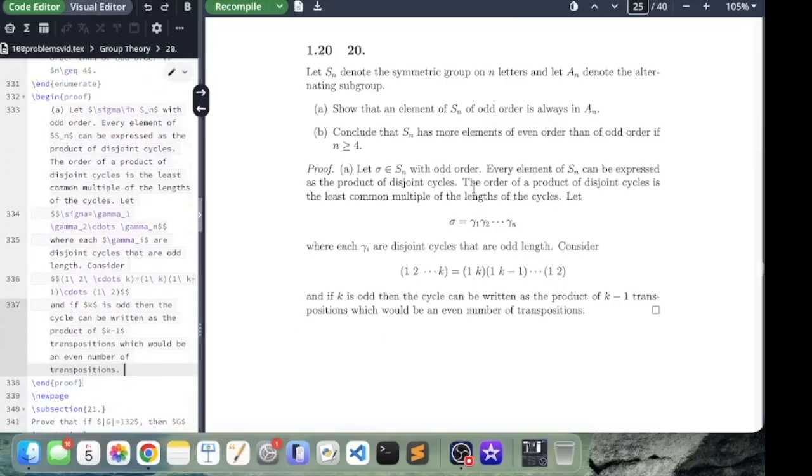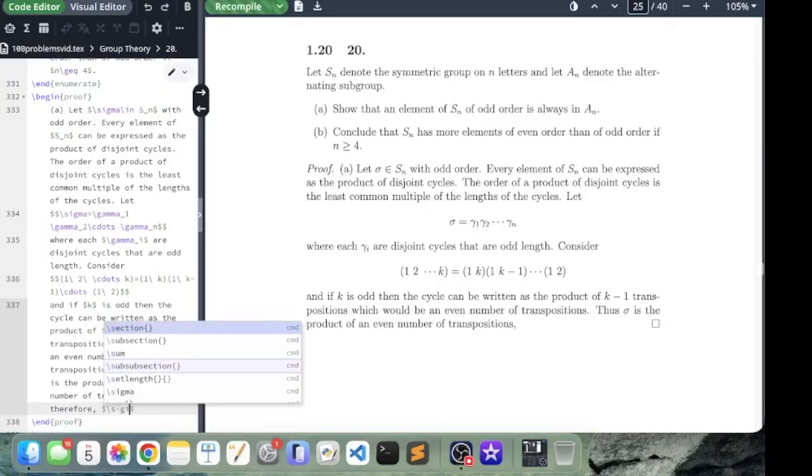Hence, we're taking an even number of transpositions and multiplying them with an even number of transpositions, and so we're just adding up essentially a bunch of even numbers. Thus, sigma is the product of an even number of transpositions.